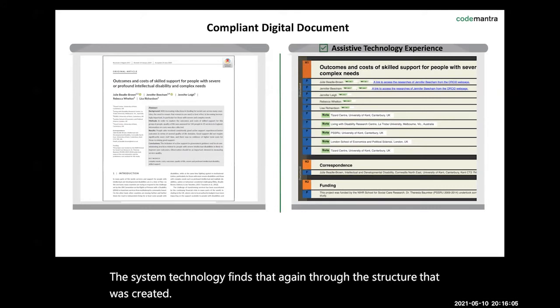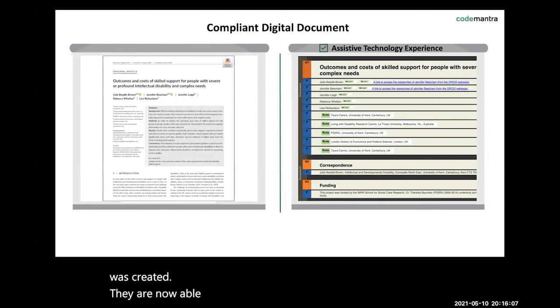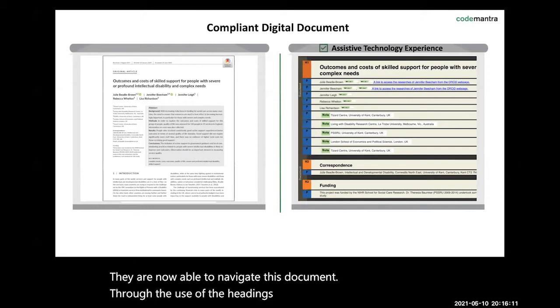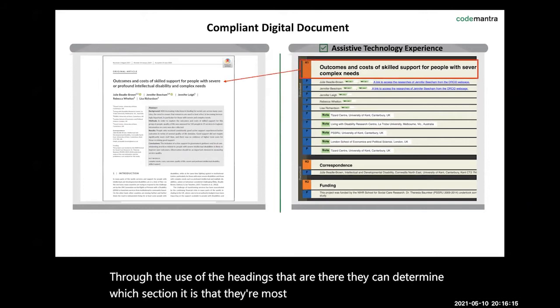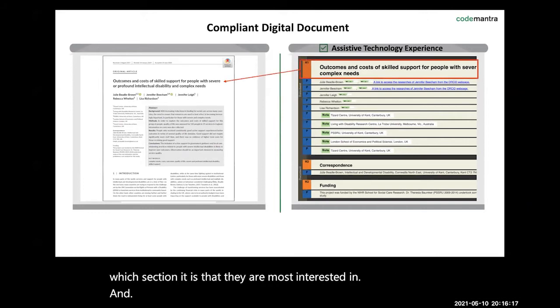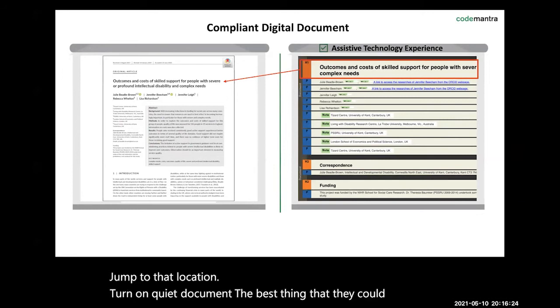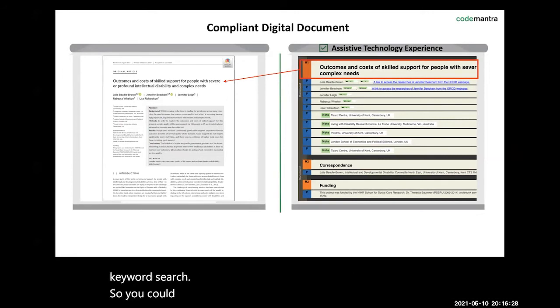They are now able to navigate this document through the use of the headings that are there. They can determine which section they're most interested in and jump to that location. In a non-compliant document, the best thing that they could do is a keyword search. So you could imagine trying to navigate through a document only through keyword searches.